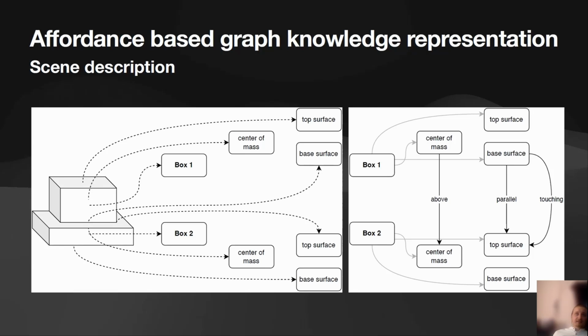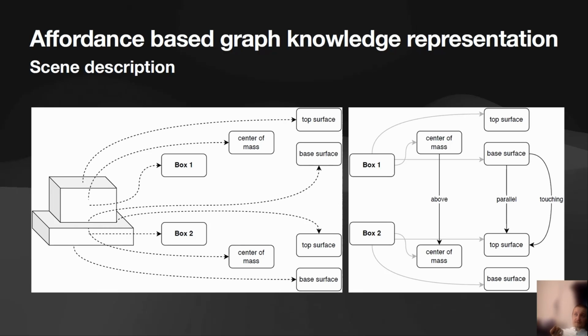What comes next is the spatial relationships between those features. I don't really care about objects that much as I care about those features. So I have a few hypothetical relations here. For one, the center of mass of box 1 should be above the center of mass of box 2.